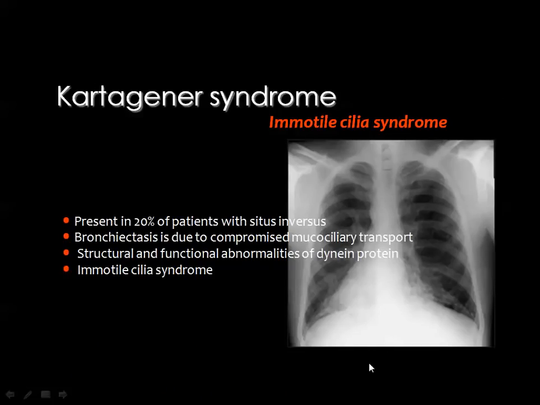Then the Cartagena syndrome is a triad which comprises number one, the dextrocardia or situs inversus, number two, the bronchiectasis, and number three, the presence of paranasal sinus disease.